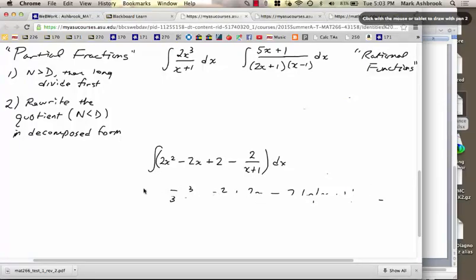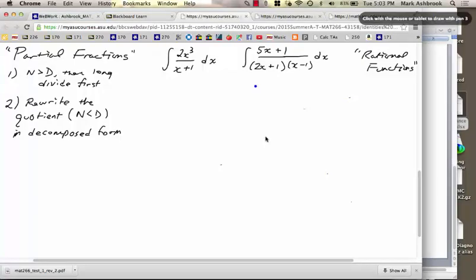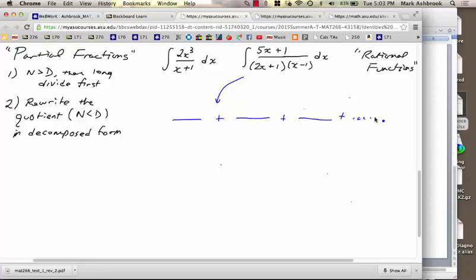Does my question make sense? So now we're doing this as a second example here. So we want to think about if we were to add fractions together here like this. What would the possible denominators be?